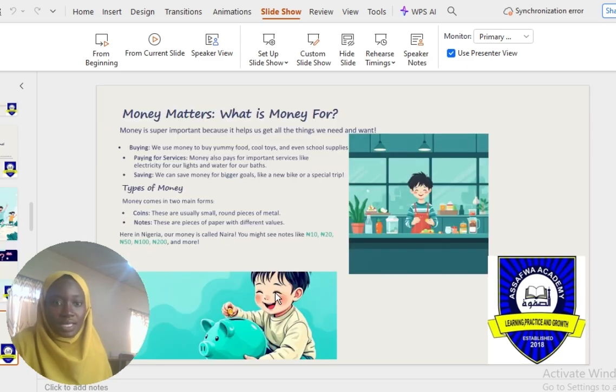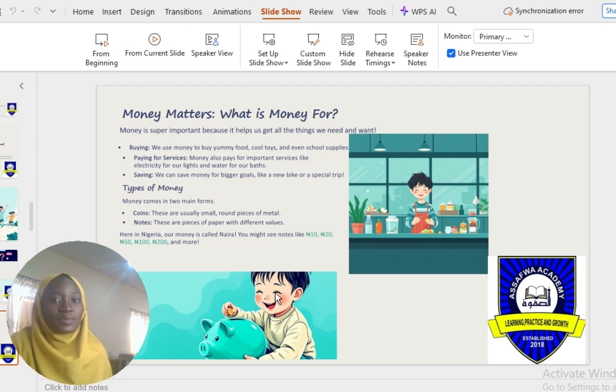Now we look at the next one, money. What is money? We have discussed money. I said money is generally acceptable, right? Money is used for buying and selling of goods and even paying for services. We said money is very, very important. We all need money, right? Very good.